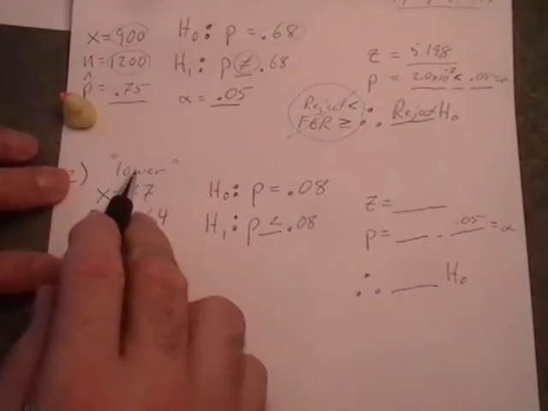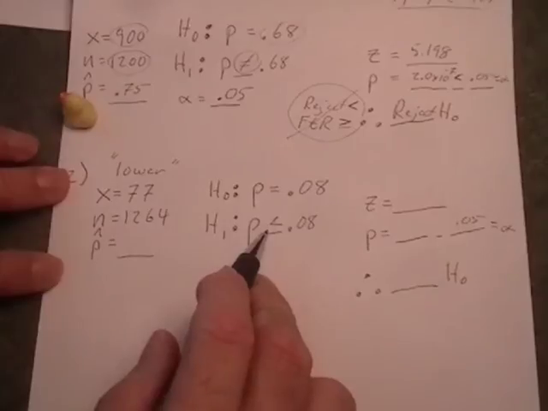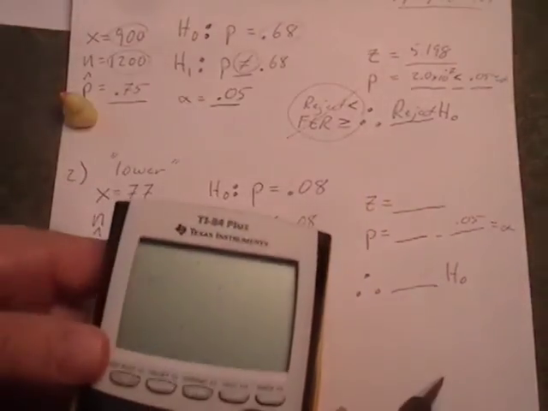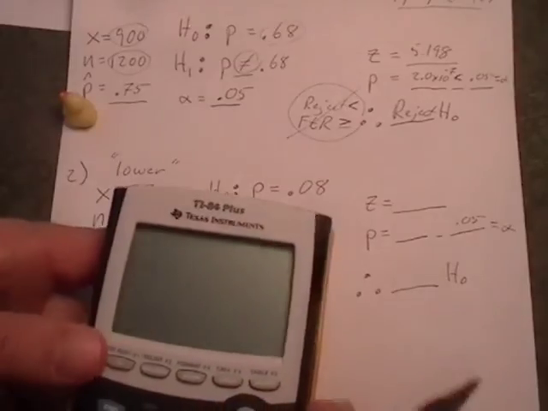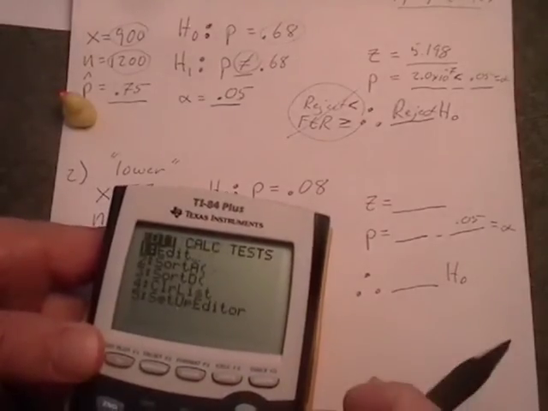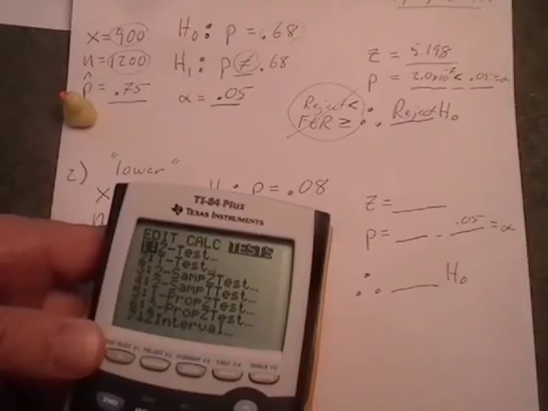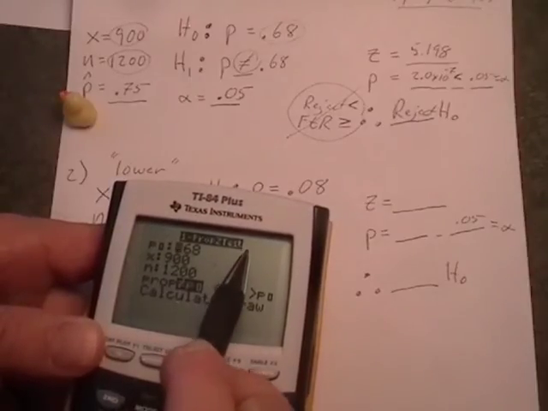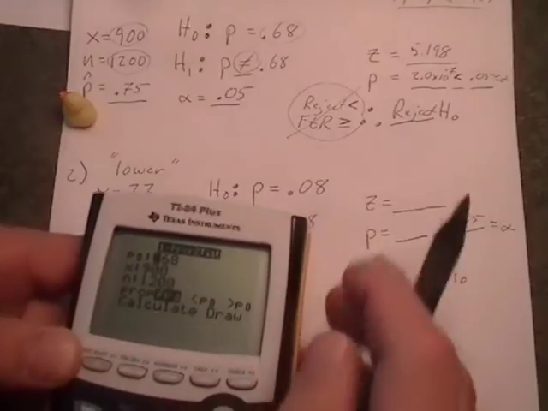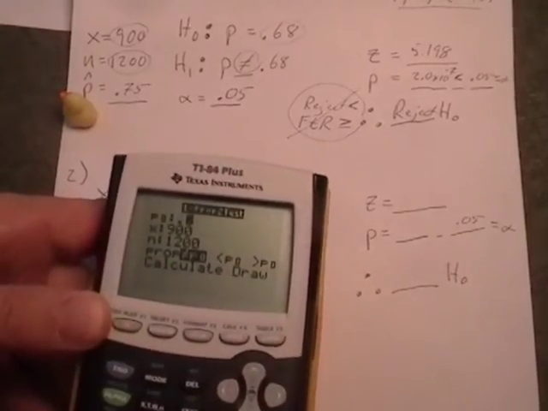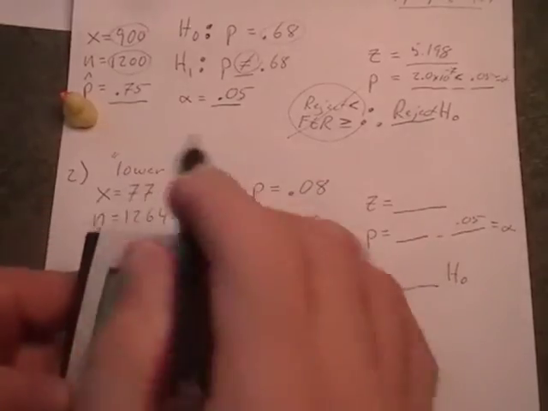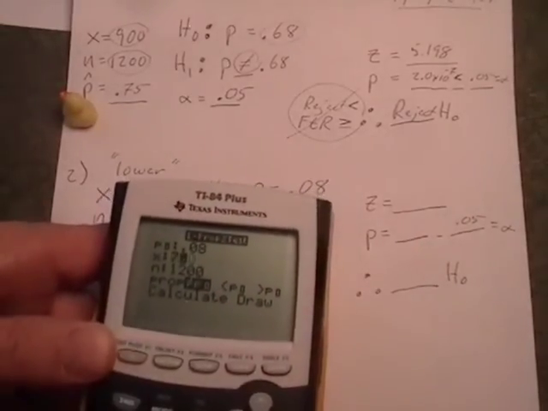Once you recognize that this is lower, we should be all set to plug it into the calculator. So, stat, test, line 5, 1 prop z test. P0 is now going to be 0.08. That's 8%. X was 77.